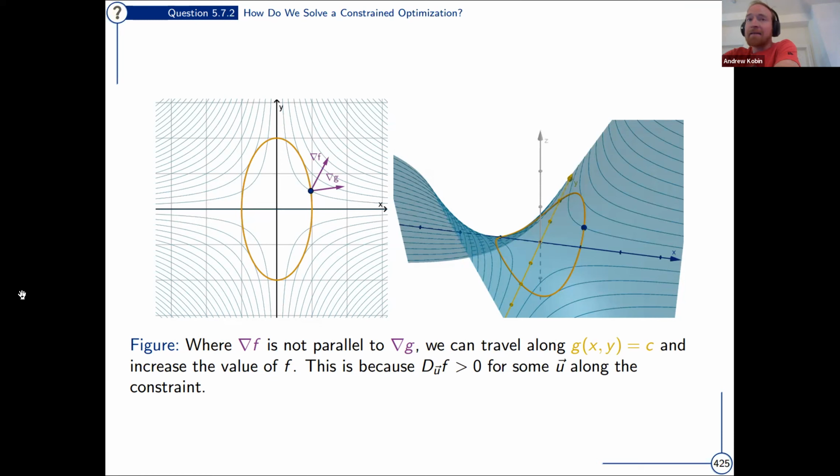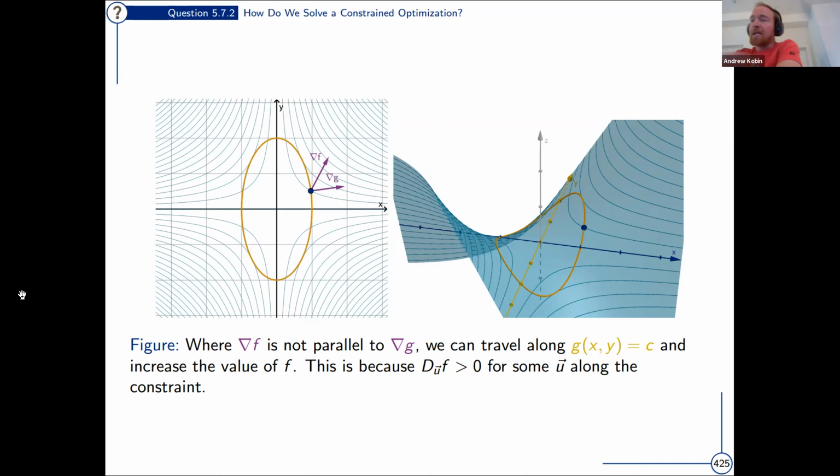And what this means in practice is that if we have level curves of our function, we can think of level curves as particular constraints. If we have a constraint that happens to be a level curve, then the gradient will be perpendicular or orthogonal to that level curve at any given point on the level curve.